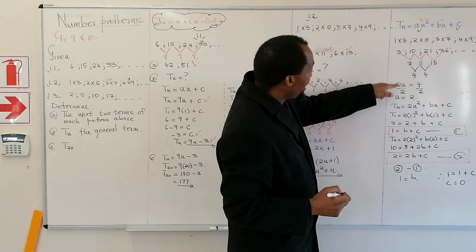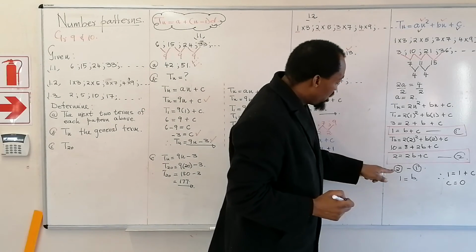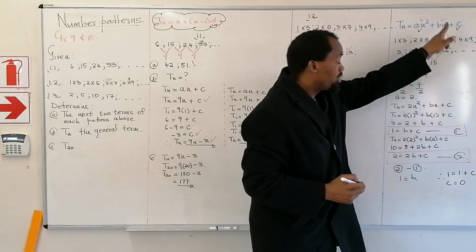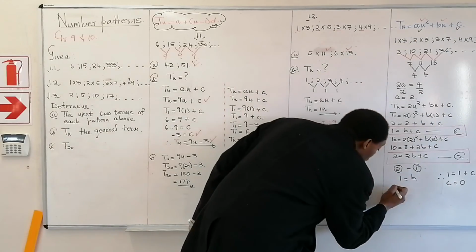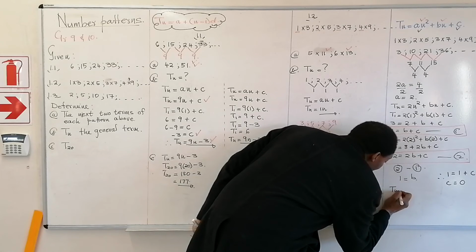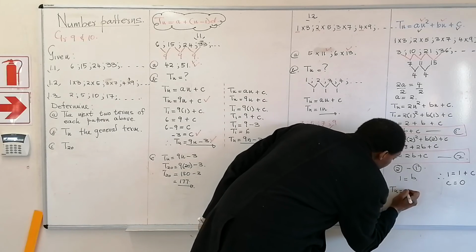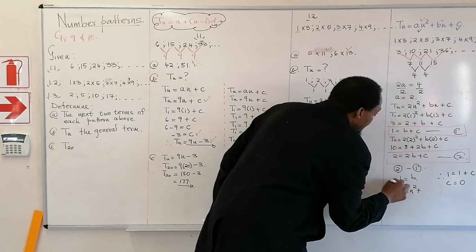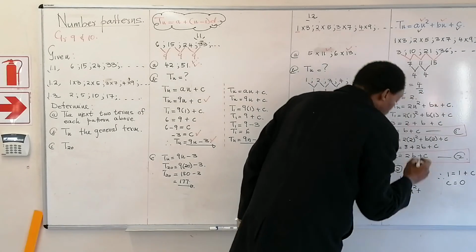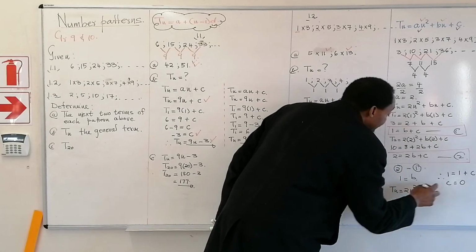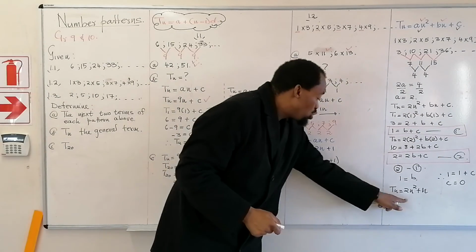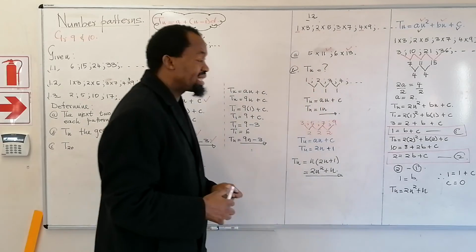Therefore, what do I know now? I know the value of a there, I know the value of b there, I know the value of c there. I substitute all those. My general term is equal to 2n squared plus b is 1, I must put 1 there, it would be n. c is 0. Can you see that the two answers are the same?